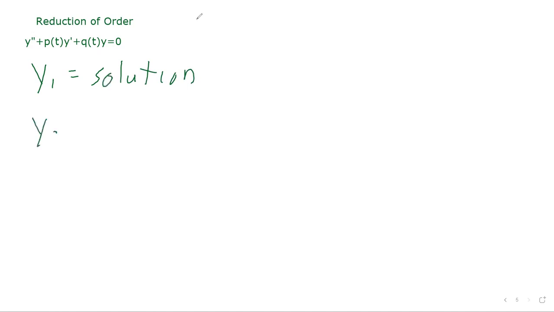And so we're going to look at our general setup with our homogeneous second order linear equation. Just like what we did, we know that y1 is a solution, so it's going to satisfy this equation. And then y2 is also a solution, but it's going to look like this.